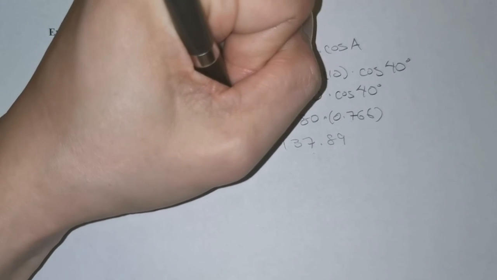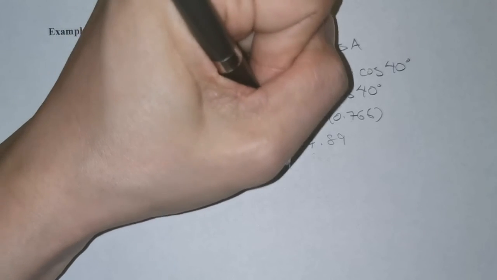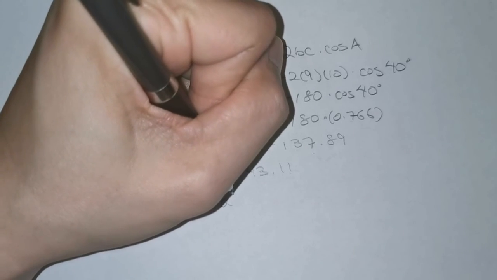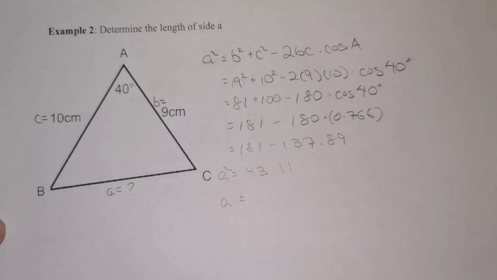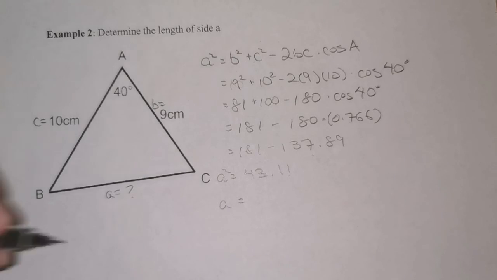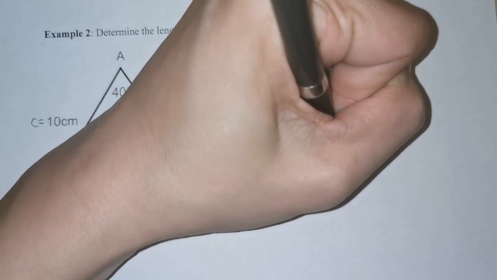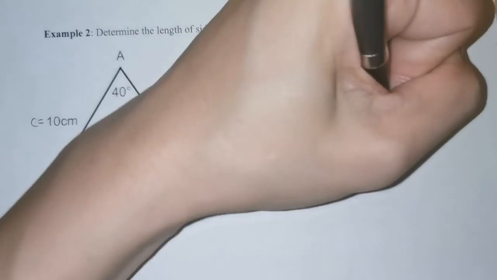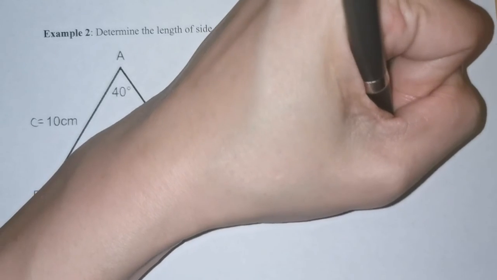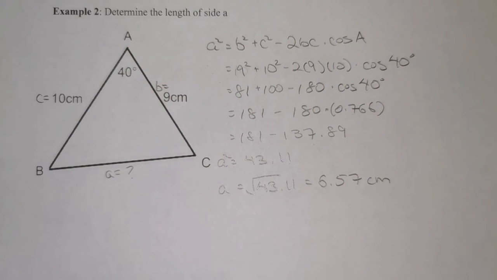So a squared is equal to 43.11. I mean, a, I've got to take the square root, 6.57 centimeters.